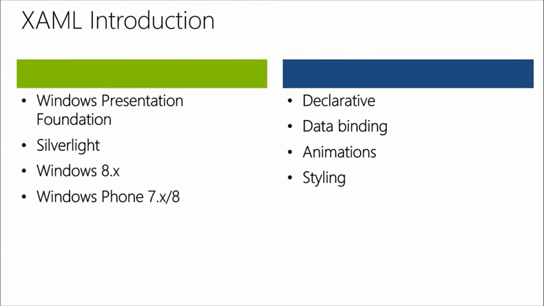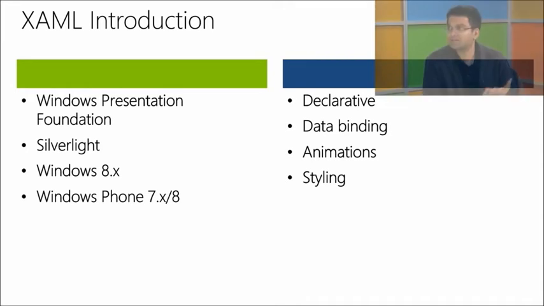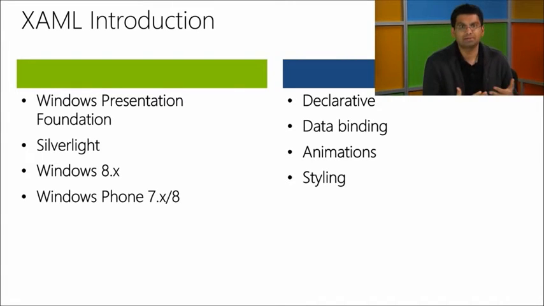Oh, absolutely. So the way I see it is, it's a declarative UI construction language. You declare the user interface structure using some constructs. If you're familiar with XML, that's pretty much all you need to know. It's declarative. It has a ton of great features like the ability to do data bindings and animations.